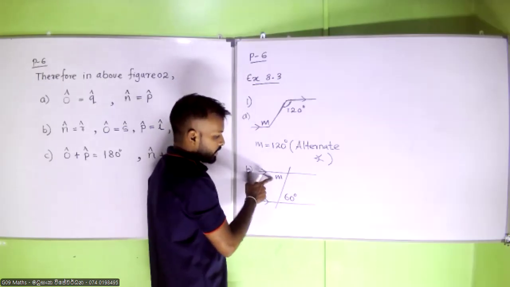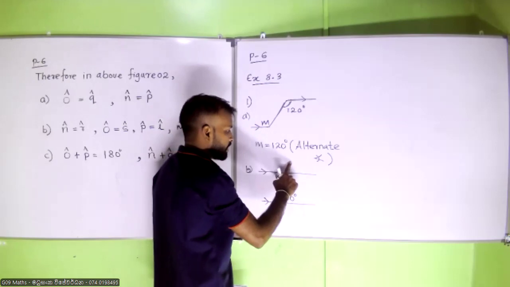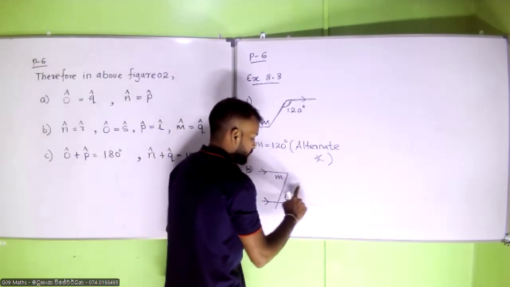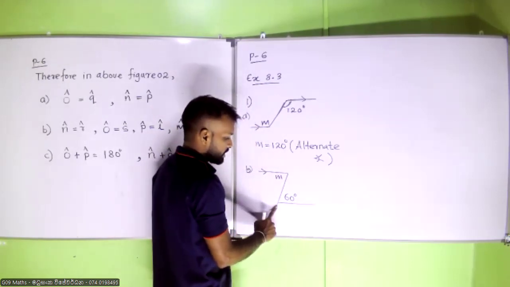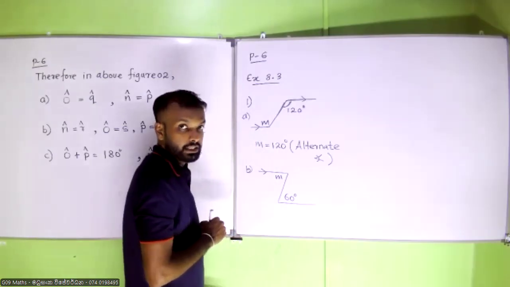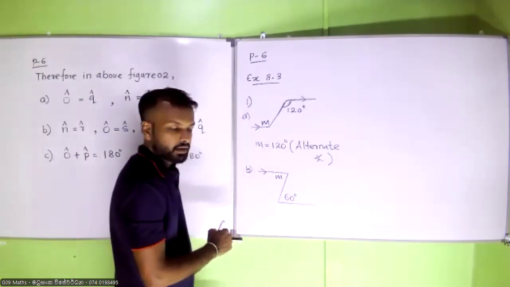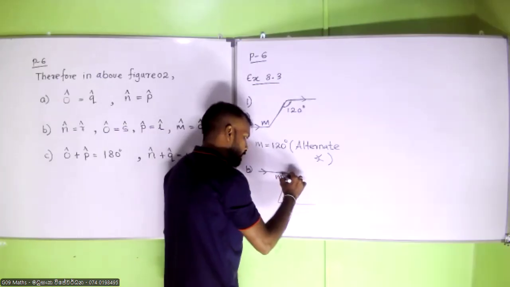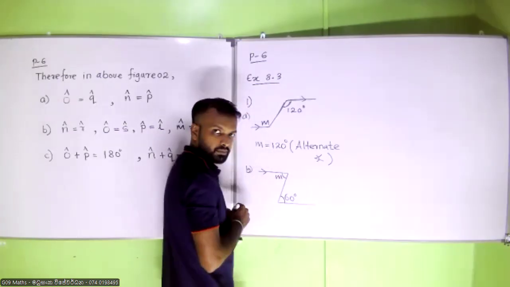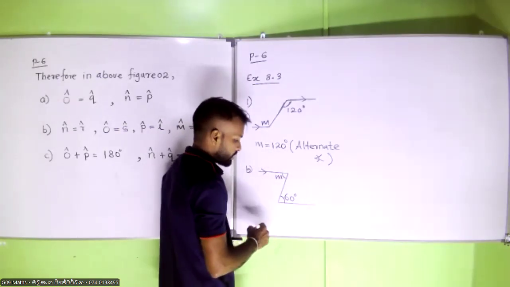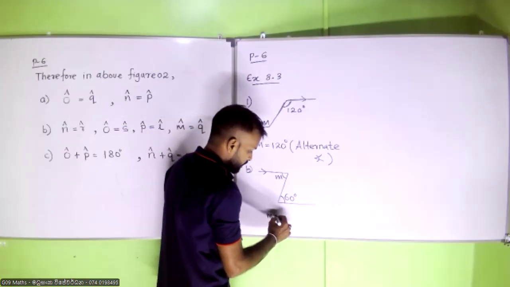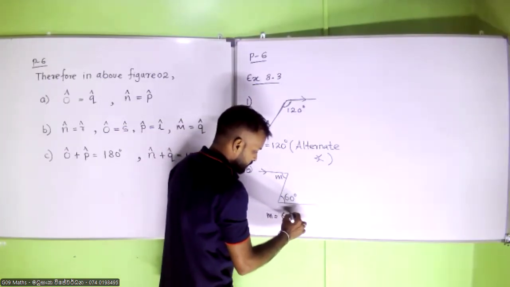What is the shape? Alternate angles. I am going to clear the unnecessary lines so that you can see it clearly. So M equals 60 degrees.